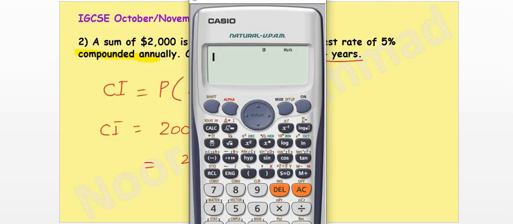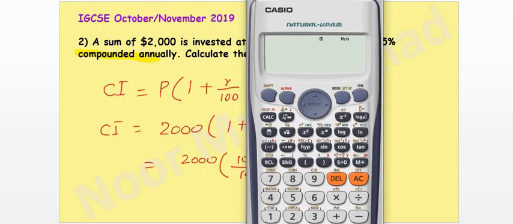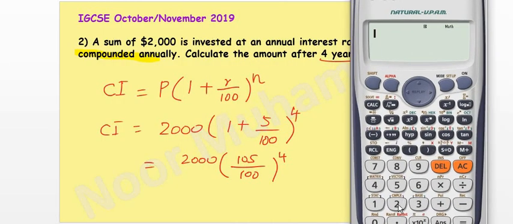So how can we put them into the calculator? Let me show you. We can write over here 2,000, and then you can put a bracket. If you want to write this fraction, you can write this fraction, 105 over 100, so it's your choice. So it will be a fraction 105 over 100, and then close the bracket, and then take the power of the bracket.